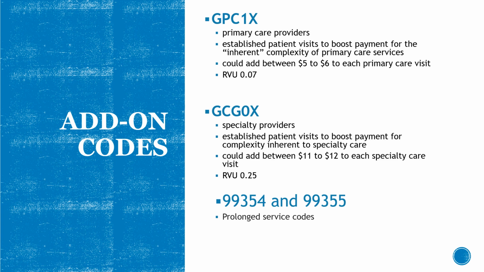It is also unclear if they will completely replace 99354 and 99355. Probably as the new coding guidelines unfold in 2021, we will all gain greater clarity exactly to what is the best way to utilize the new codes and if utilization of the former prolonged service codes will even be applicable.